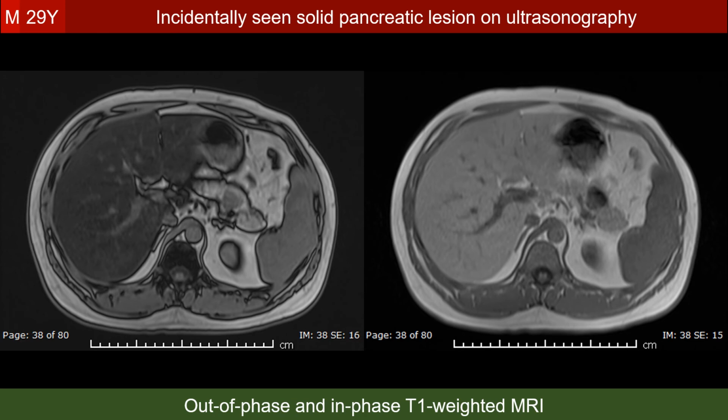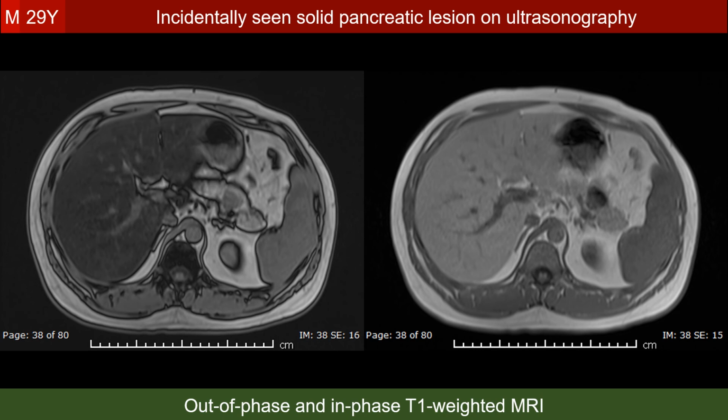Knowing the diagnosis, we went back to the MRI and found a very helpful sign of solid pseudopapillary tumor. The lesion shows significantly low signal intensity on the in-phase image compared to the out-of-phase image, the exact opposite of what happens to the fatty liver.